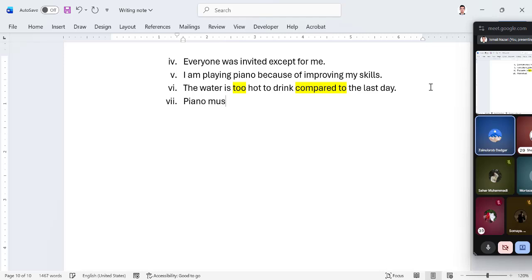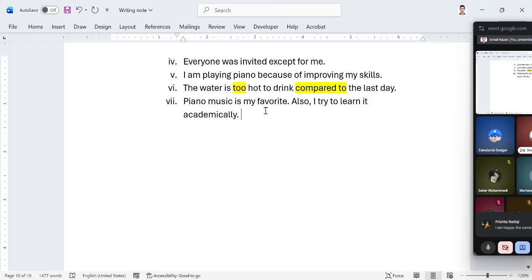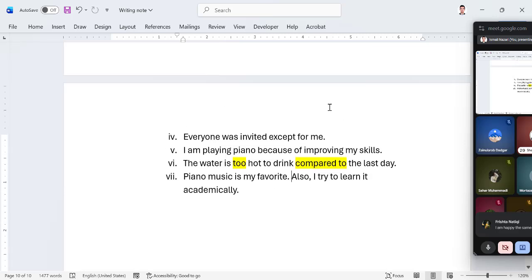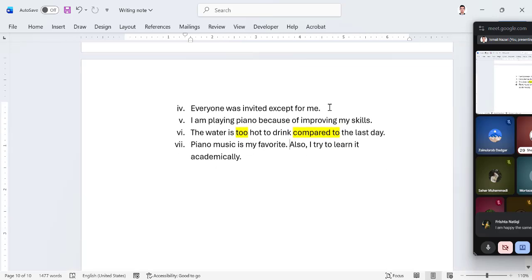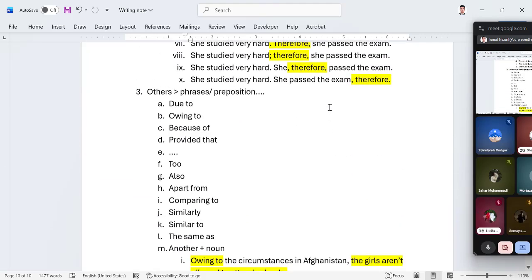Also, I try to learn it academically. Exactly. So, that's overall with conjunctive adverbs.